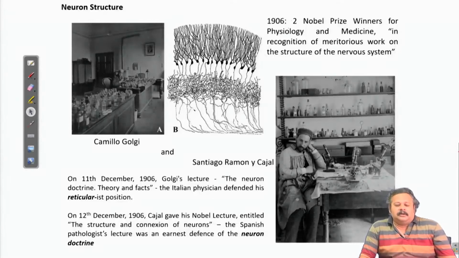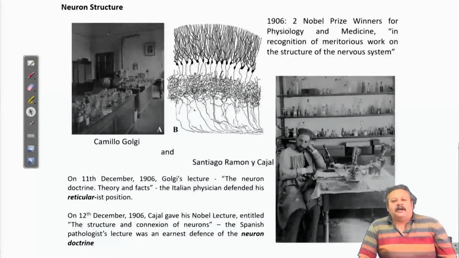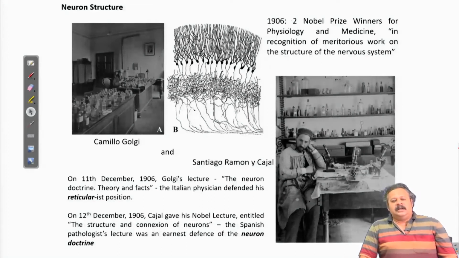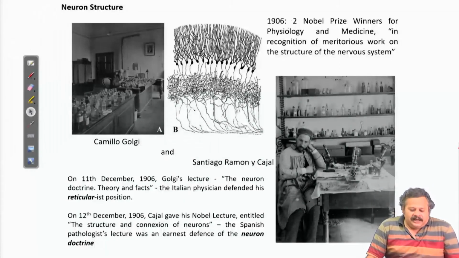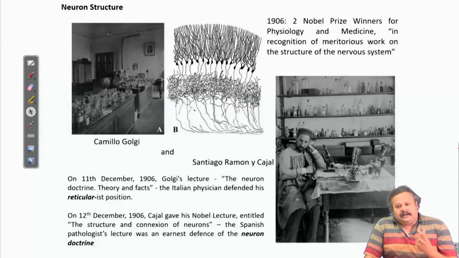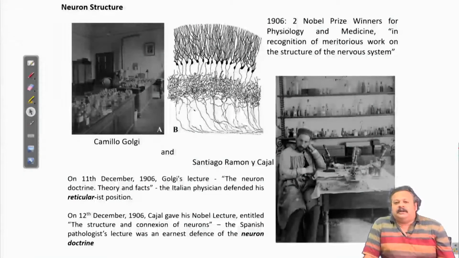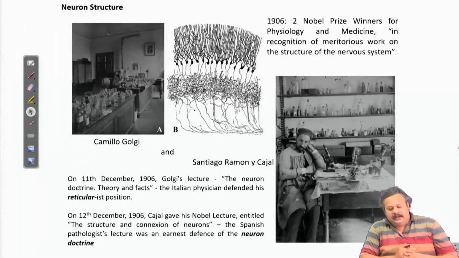And so Golgi on the one hand was of the group which propounded the idea of the reticular or a network-like nervous system, more like the circulatory system, that everything is connected within itself, whereas Ramon y Cajal and others, based on their observations and experiments, came up with the neuron doctrine, or they propounded the theory that a neuron is a single entity by itself, and there are many different types of neurons, and they are connected to each other, not like a net in a continuous manner, but more like a contiguous manner.